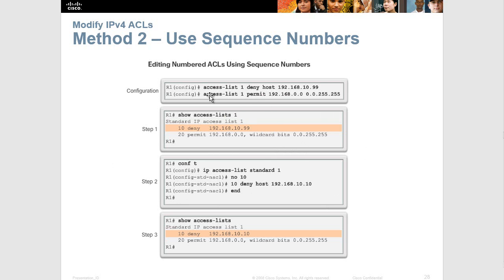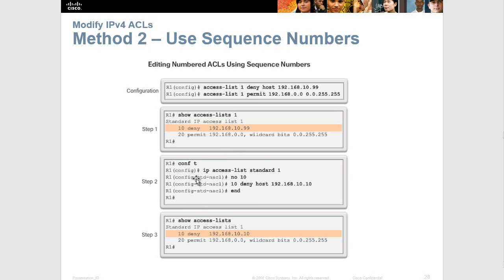So when we created the access list, we just did access list 1 blah, access list 2 blah, out there. Okay, we didn't use a named access list, but it still has the name 1. Okay, that's its name. So we can go back in and type in IP access-list standard 1. Okay, that's where the name would be, and the name is 1, so we can get into that list.